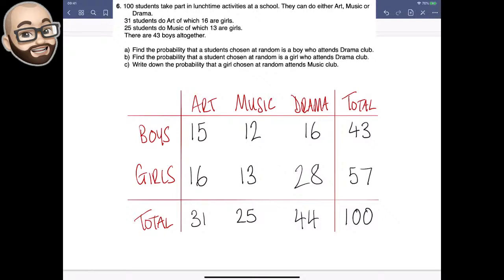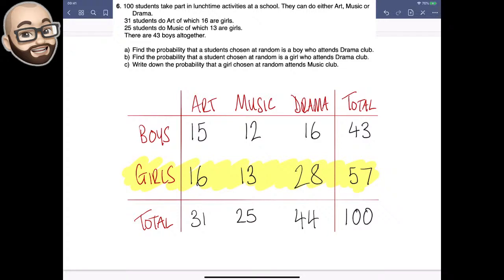Okay, we are just looking along the girls line. We do not care about the boys at all. So this is now going to be out of 57. Out of the 57 girls, how many go to music? 13. So it's going to be 13 out of 57. We've just got to be careful with those. These are called conditional probabilities.